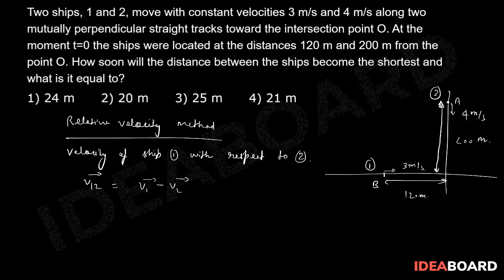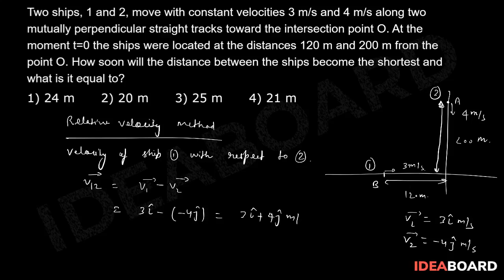Now clearly the V1 vector will be 3 i cap meter per second, and the V2 vector will be minus 4 j cap meter per second. This is from the question. So the negative side is the minus j cap and the i is on the positive side. So V12 will be equal to 3i minus of minus 4j, which is 3i plus 4j meter per second, right?